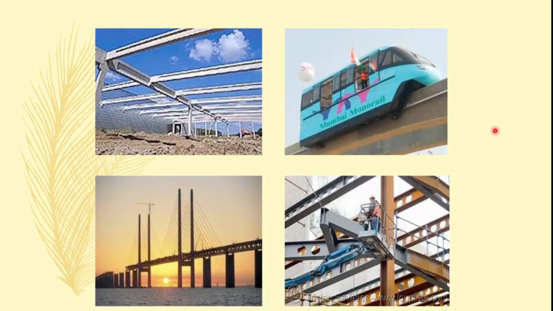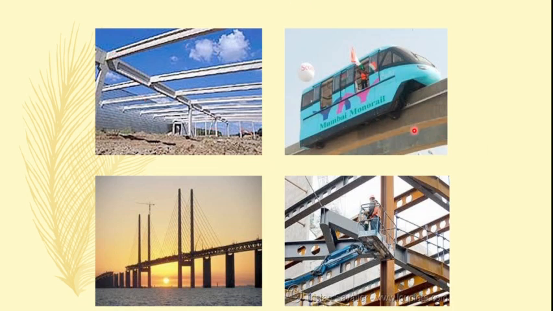In our daily life, we actually see different structures, that is some bridge or some monorail line or some set of any workshop at different positions. To construct a structure we use beams, and these all are the beams.